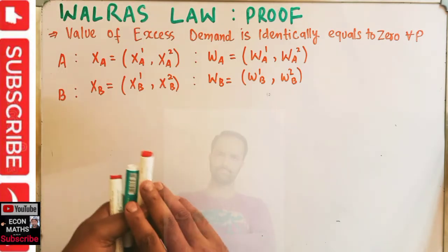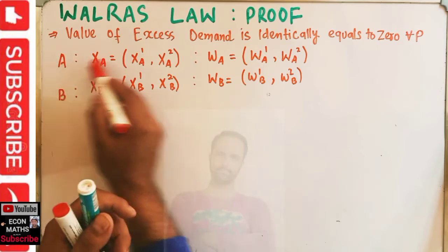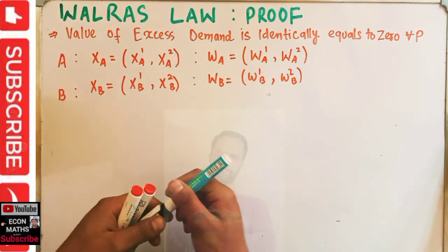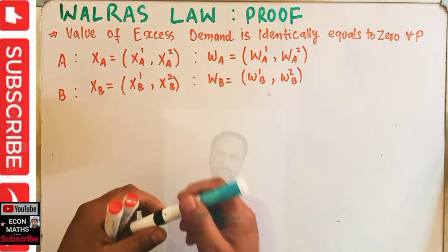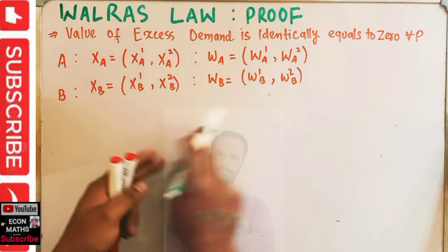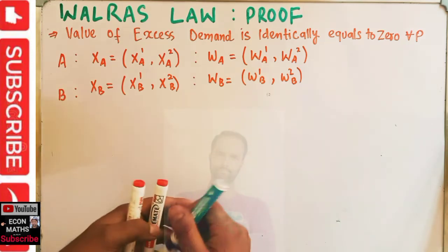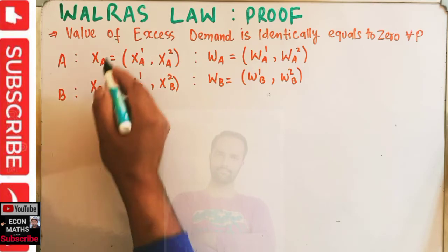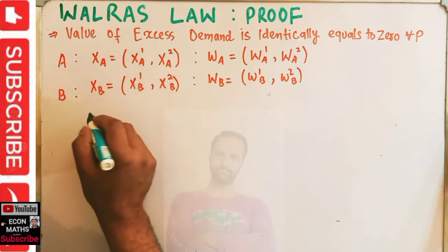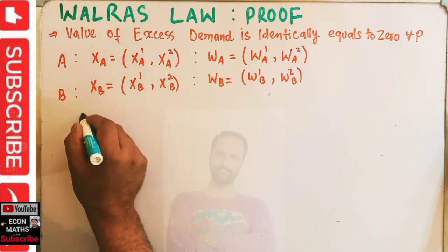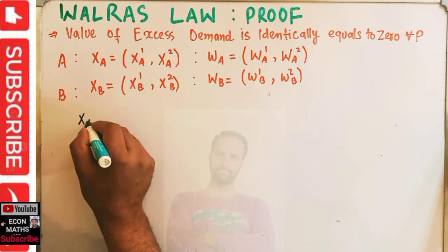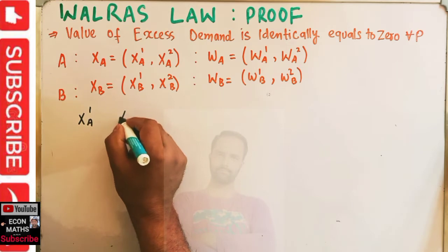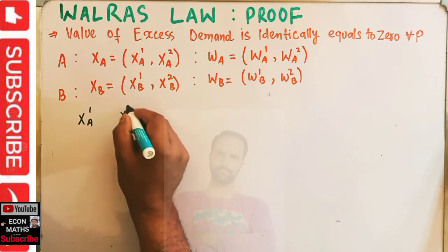Now we take this person A. Let us see what is his budget constraint, or what is his total expenditure and income. His total expenditure should be equal to his total income. What will be the total expenditure of person A? He has XA1 and XA2.